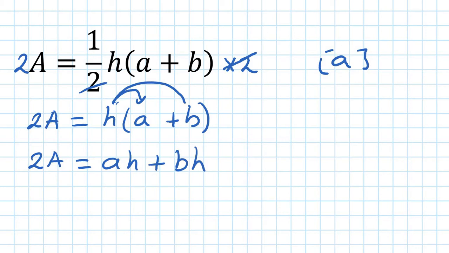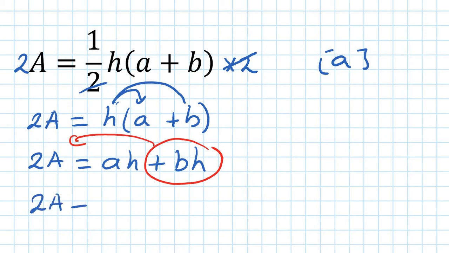Now I move this bh to one side. Remember, you're looking for a, so you make a by itself. So it becomes 2a minus bh, because it's positive, moving to this side becomes minus, is equal to ah.